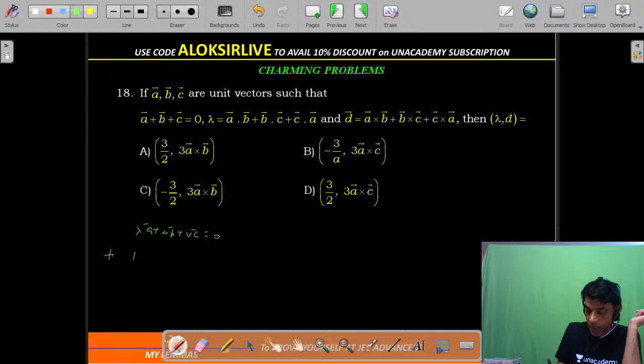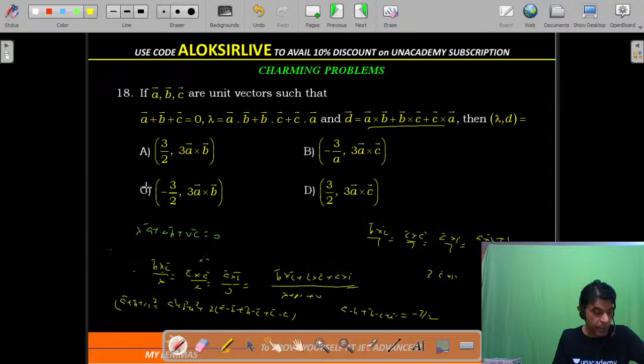And this is 3. So you are getting A dot B plus B dot C plus C dot A is negative 3 over 2. So again you get negative 3 over 2. Any doubt here? So for 18 you will get answer as C. The answer is C.